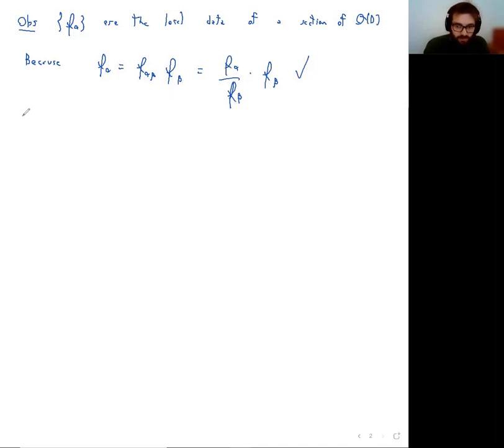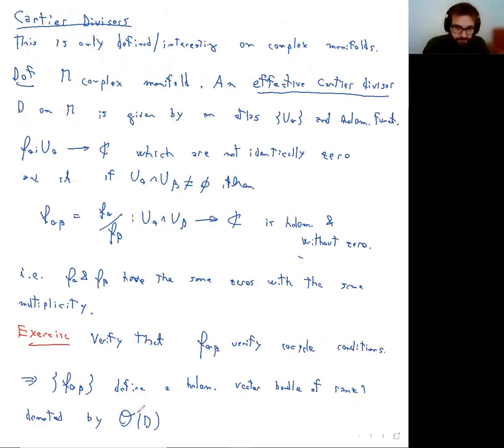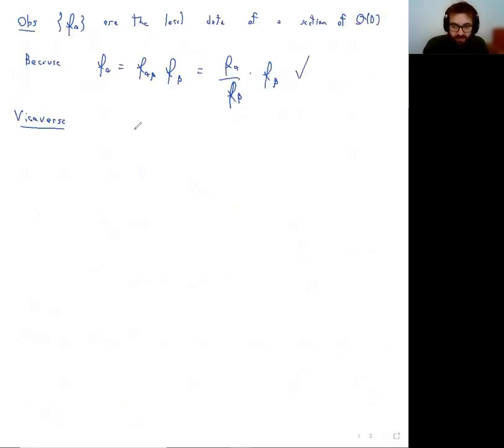So now with this observation, we can produce a vice versa. It's not true that given a holomorphic vector bundle of rank 1, you get immediately a Cartier divisor.